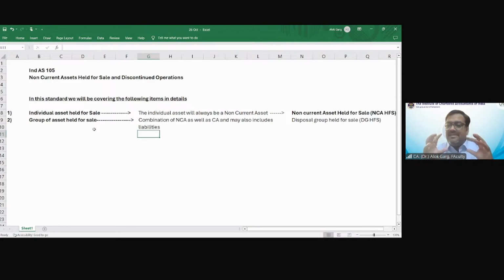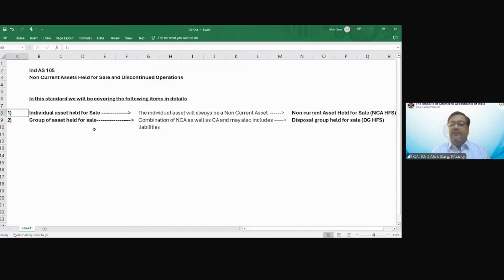So a group of assets may have a combination of non-current assets, current assets, and liabilities as well. But to be covered under Ind AS 105, that group of assets should have at least one asset which is a non-current asset. उस group of asset में कम से कम एक asset non-current होना चाहिए. Okay, to be covered under Ind AS 105.